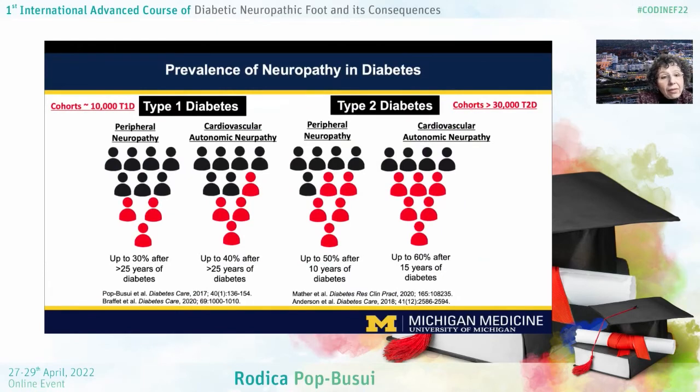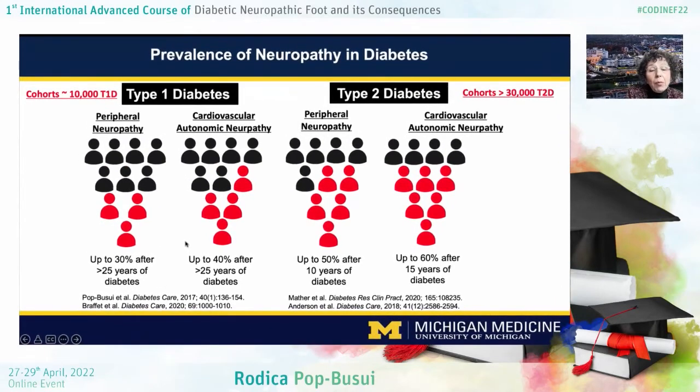Looking at cohorts in type 1 diabetes, for instance, if we put together the Diabetes Control and Complications Trial and its follow-up, the Epidemiology of Diabetes Interventions and Complications, or DCCT/EDIC, the T1D Exchange, the Scottish register here in Europe, and the Swedish register, we have data that comprises more than 10,000 people with type 1 diabetes that had been phenotyped for both peripheral and autonomic neuropathy. And for type 2 diabetes, more than 30,000 have been phenotyped for neuropathy.